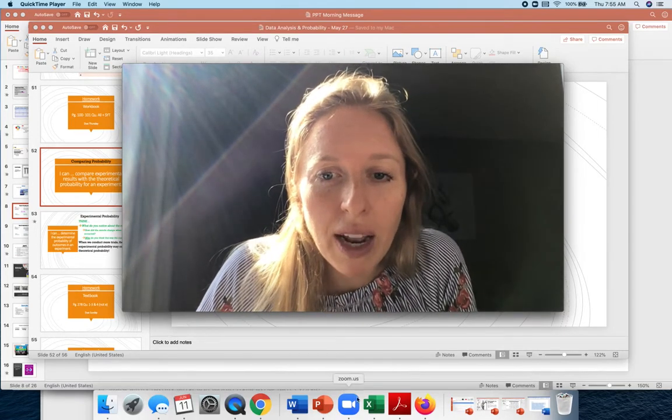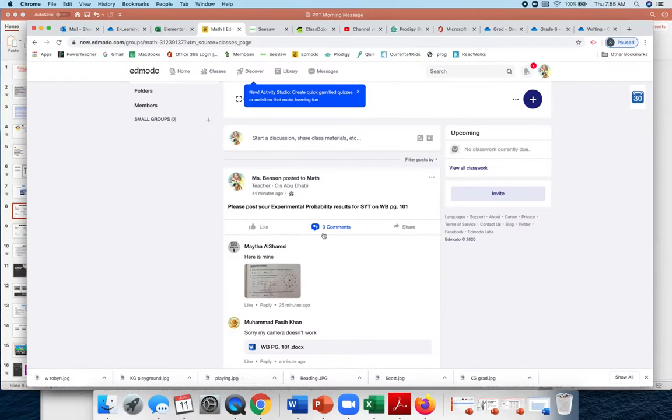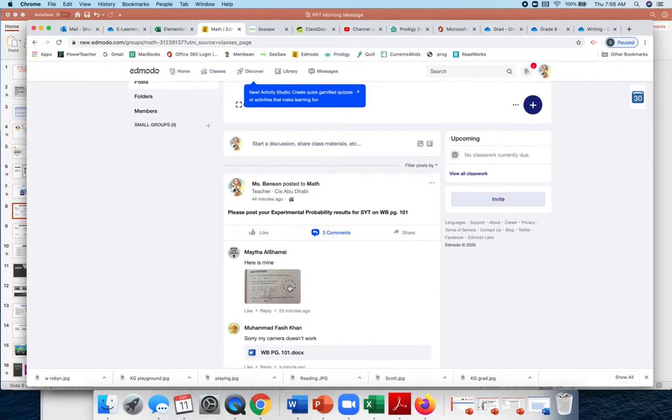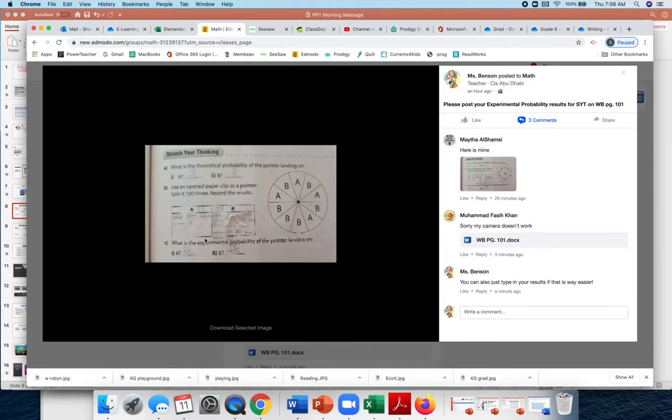Okay, so the other thing that I've asked of you is, on our math page, from the Stretch Your Thinking from yesterday on page 101 of the workbook, I'm super curious to know your results. Matha got 22 and then 78. Okay, cool.